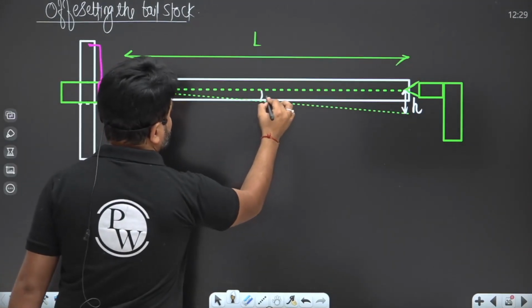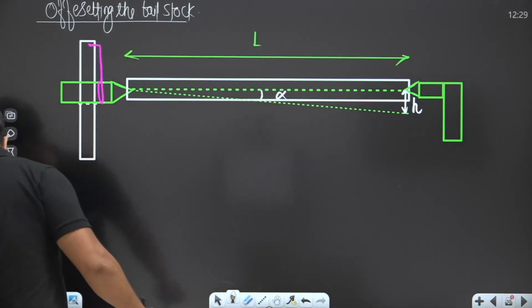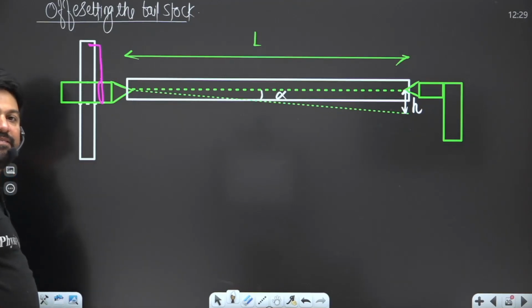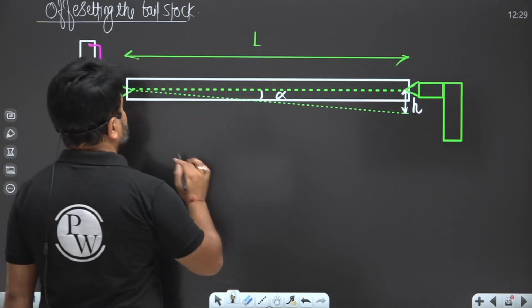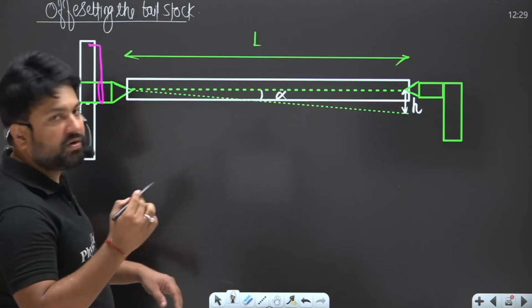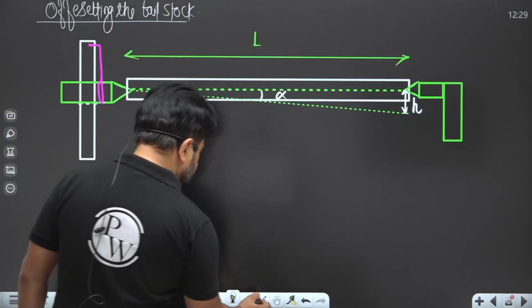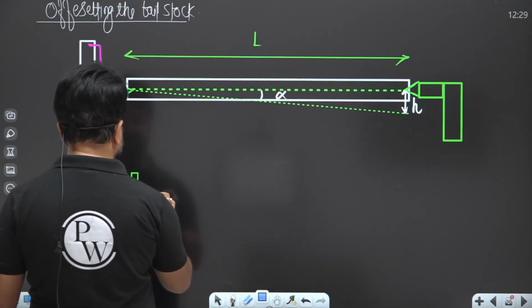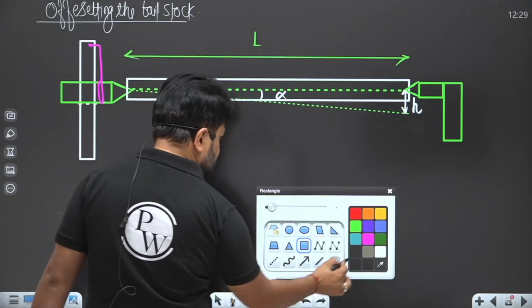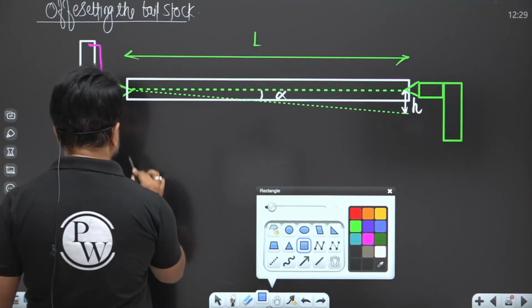Now, this is your cone angle, that is alpha. By this manner you will get a workpiece. This is the workpiece you are going to get.